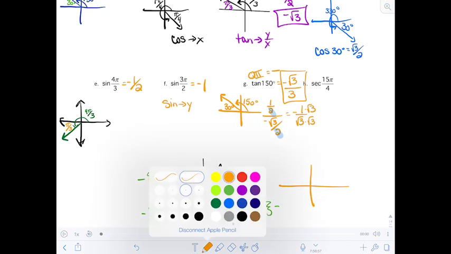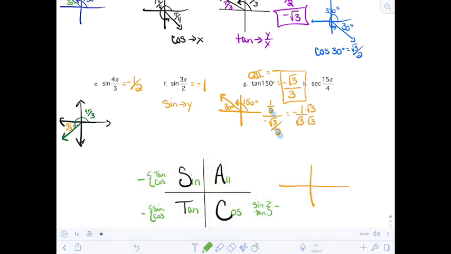So watch closely. 15 pi over 4 is close to 16 pi over 4, right? 14 pi over 4 is not an integer. We want integers so that we're on pi or 2 pi, right? Because this is 1 pi, 2 pi, 3 pi, 4 pi, 5 pi, 6 pi.